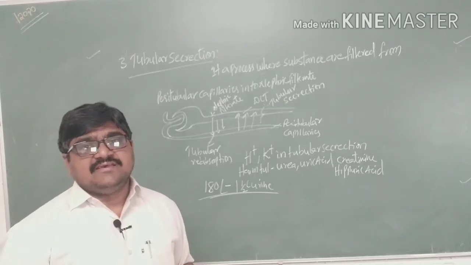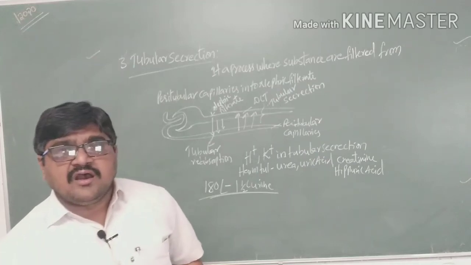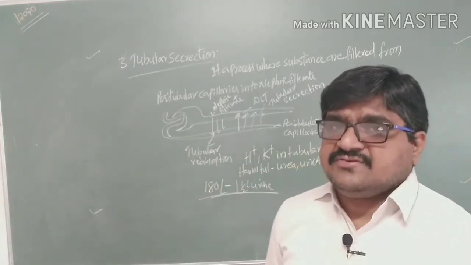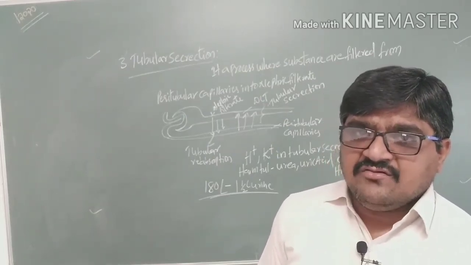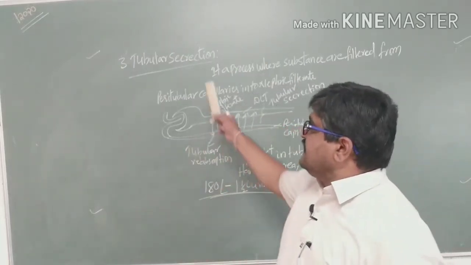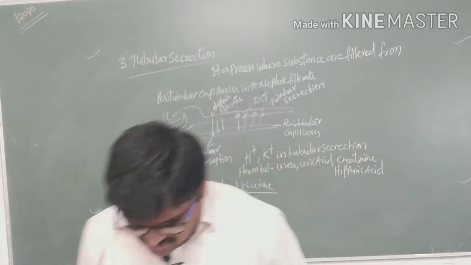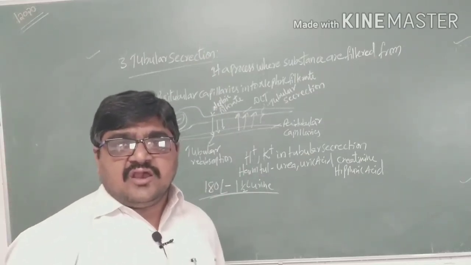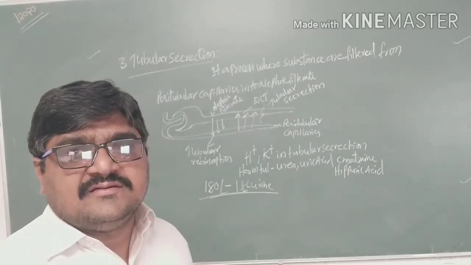So this is how urine formation takes place, by 3 steps. What are the 3 steps? First is glomerular filtration, second is tubular reabsorption, and third is tubular secretion. And coming to the last one, the composition of urine, how it takes place, now will be discussed.